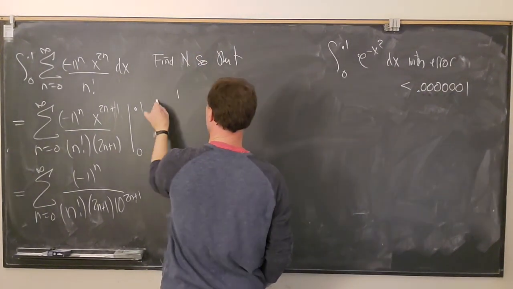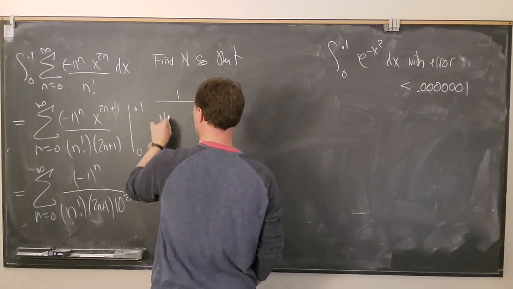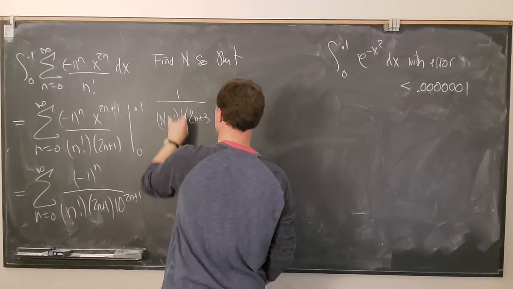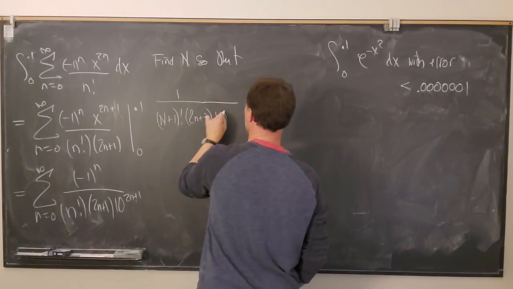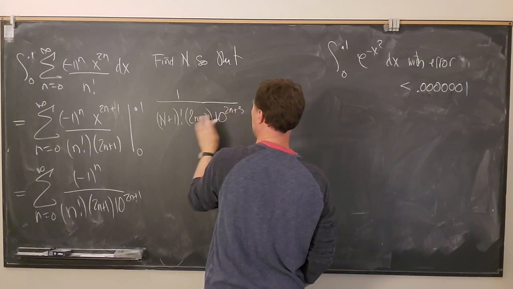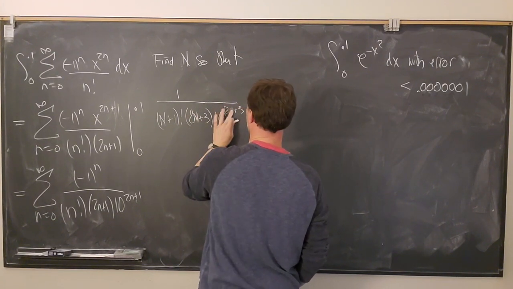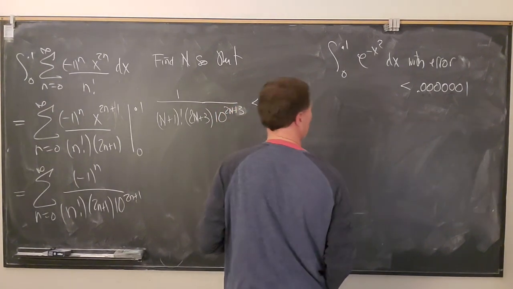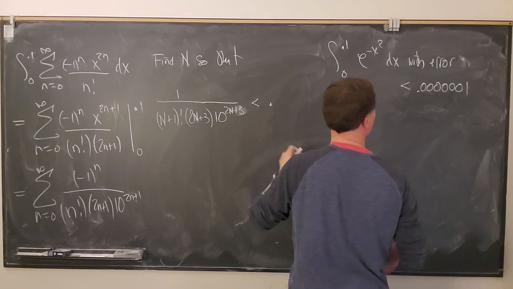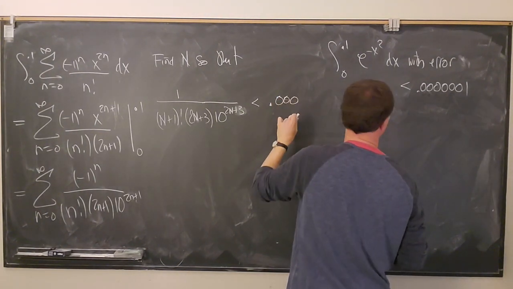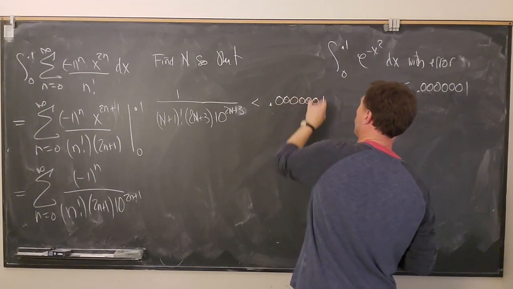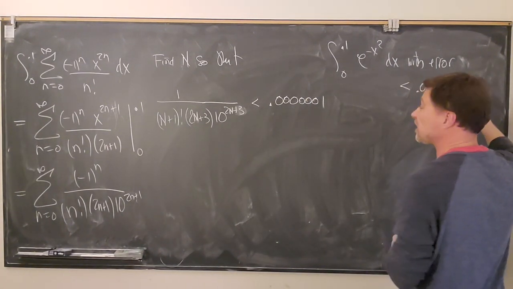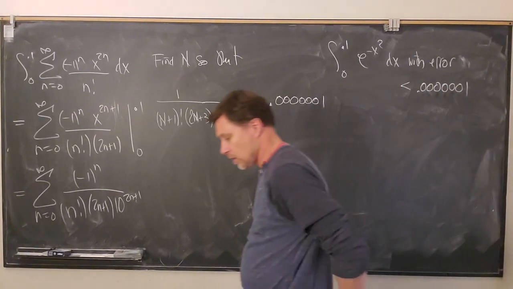So I need 1 over n plus 1 factorial, 2n plus 3, 10 to the 2n plus 3, less than, whatever that is, 1/millionth or something, 0.0000001. Thousandths, 10,000, 100,000, million, actually 10 million, so less than 1/10 million.